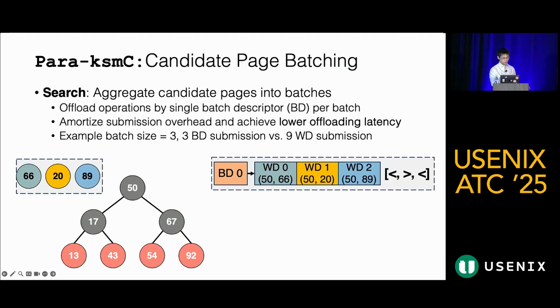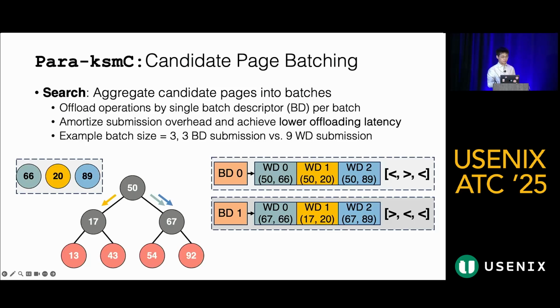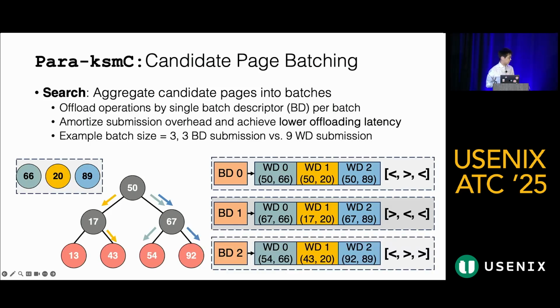They will be compared with, let's say, the first page, which is the root node 50 here. This batch descriptor includes 3 work descriptors, and we only need to offload it one time. We just submit one descriptor. After getting a result, which is on the right side, we know which page will be compared to each candidate page, and now we can construct the next batch descriptor, and so on and so forth, until we reach the bottom of the tree.